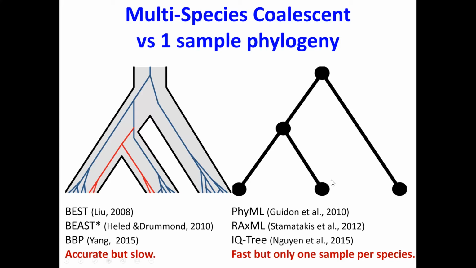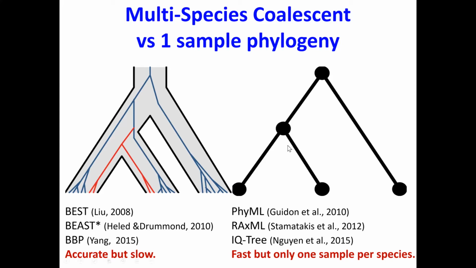The probably naive and rough approach is simply to take this genome-wide data, concatenate it, just take one individual per species and reconstruct a species tree. So this would be super fast and was possible by using standard phylogenetic software like PhyML, RAxML, and IQ-TREE. But it totally ignored the possibility of having these multiple individuals.